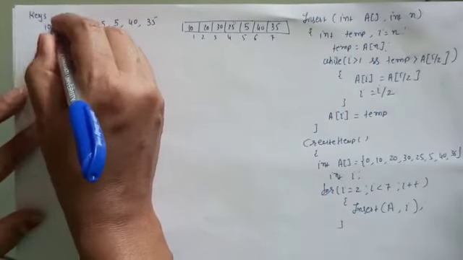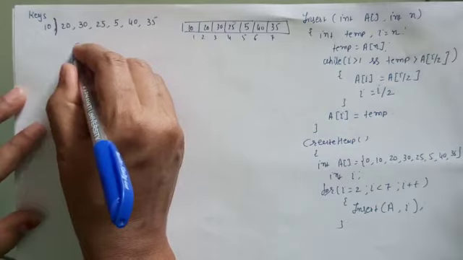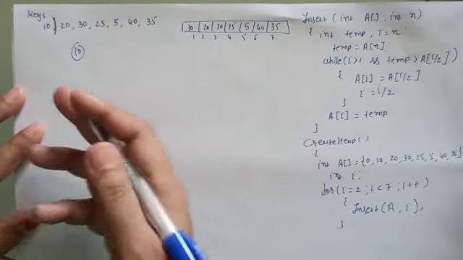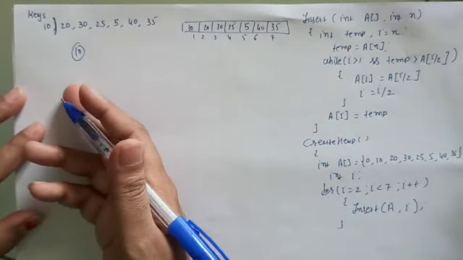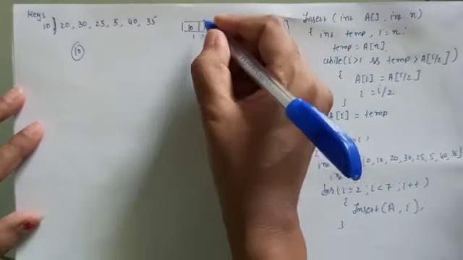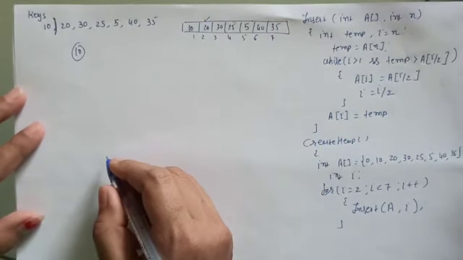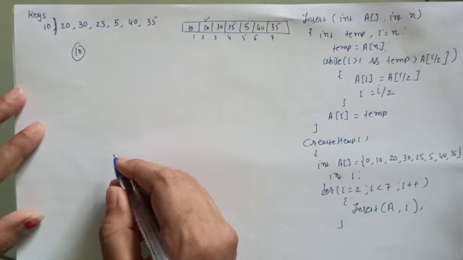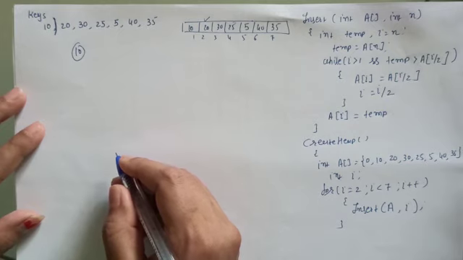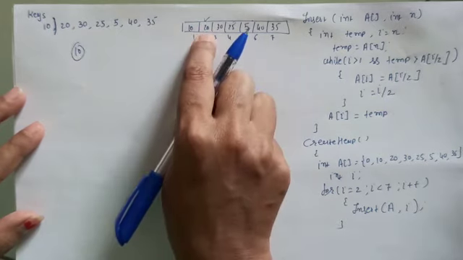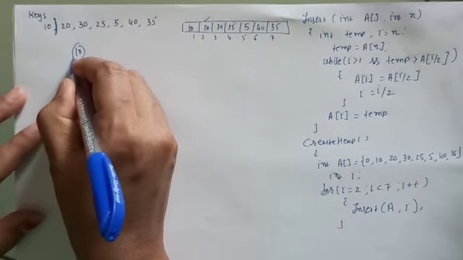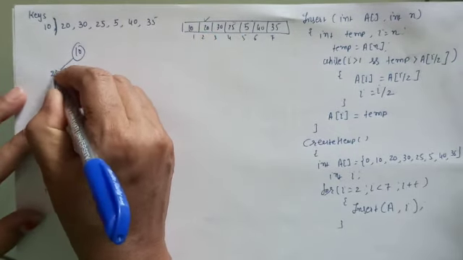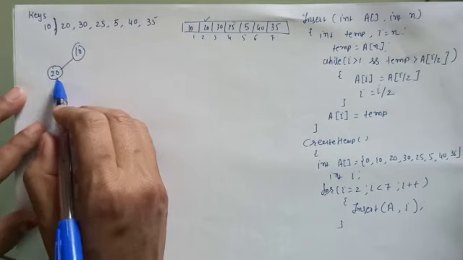Initially we will take the first node, 10. It's a single node, so it's already a heap tree. Now next is 20. As we have already discussed in insertion in a binary heap, this 20 would be inserted at the first available free space. So 20 would be inserted here.